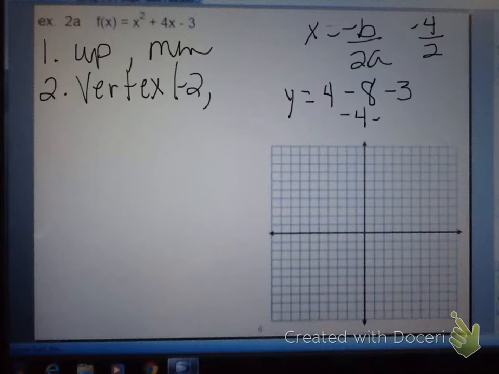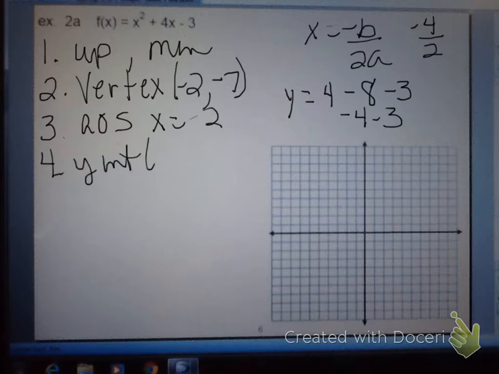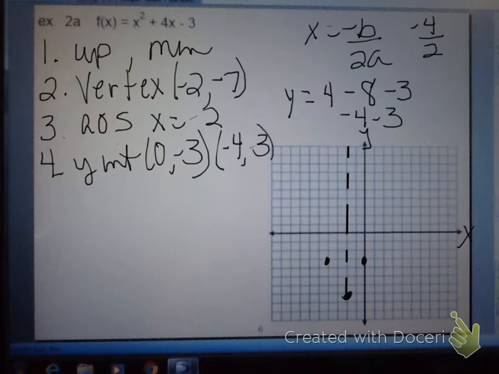So that's negative 4 minus 3, which is negative 7. The axis of symmetry is x equals negative 2. The y-intercept is 0, negative 3. Okay, let's plot these points and find the corresponding point to the y-intercept. The corresponding point is negative 4, negative 3.